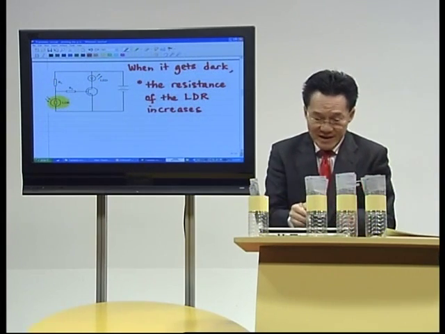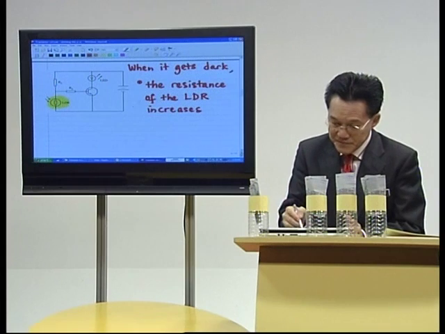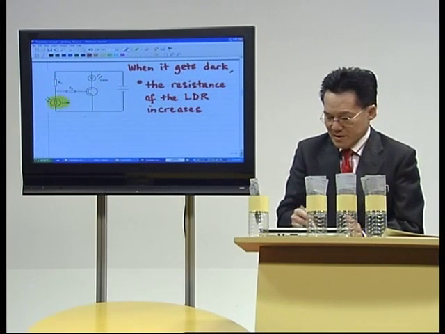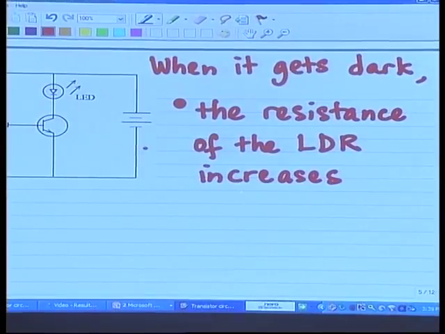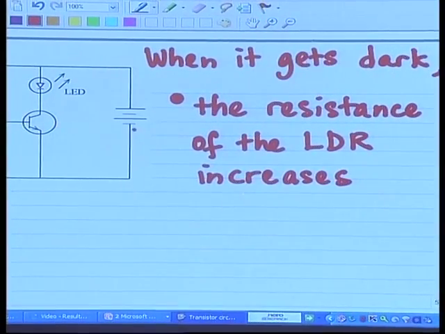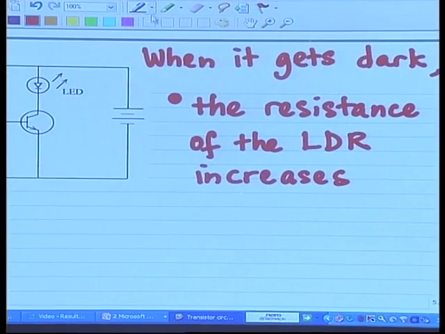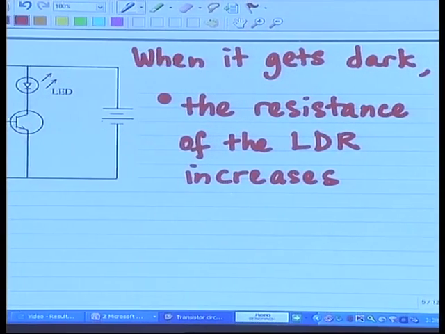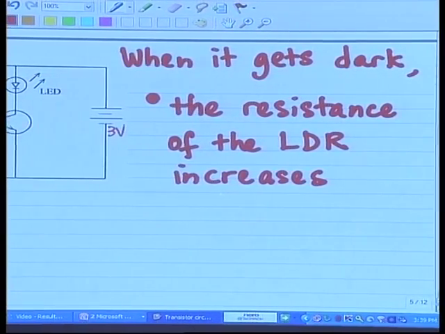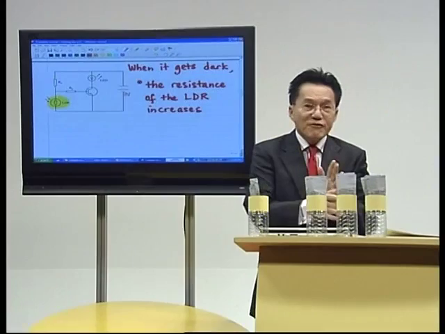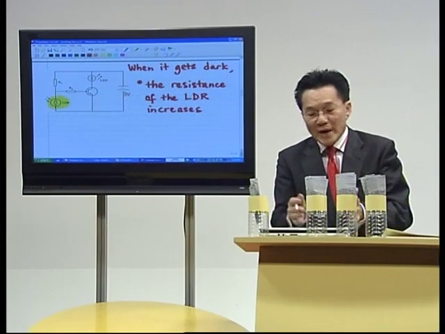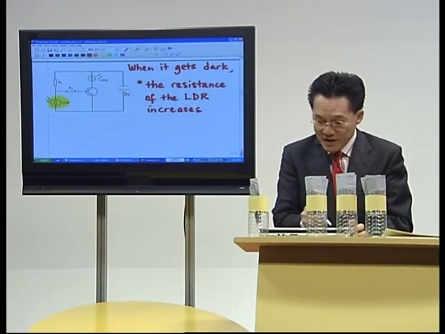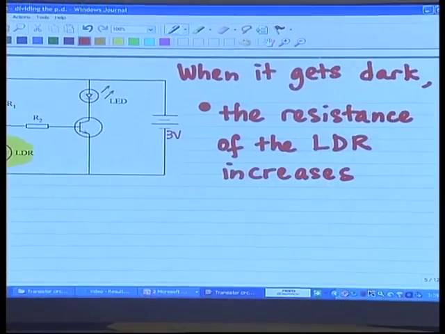So remember that in this circuit that you have here, let's say this battery here has 3 volts. Okay, we can give it a value. Now, when it is bright, the resistance of the LDR is small.